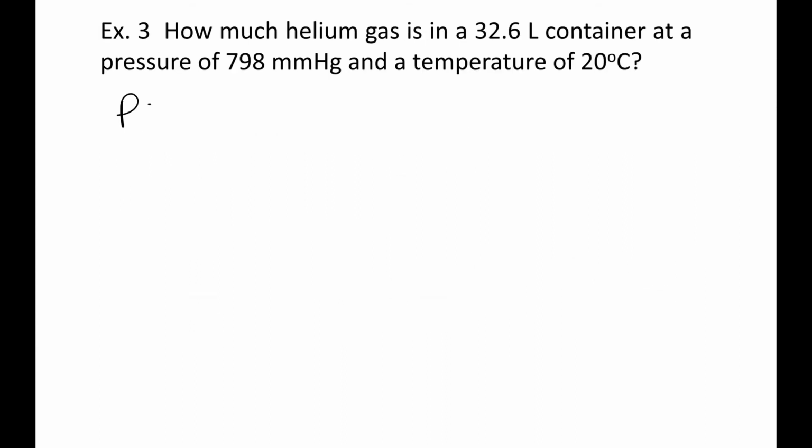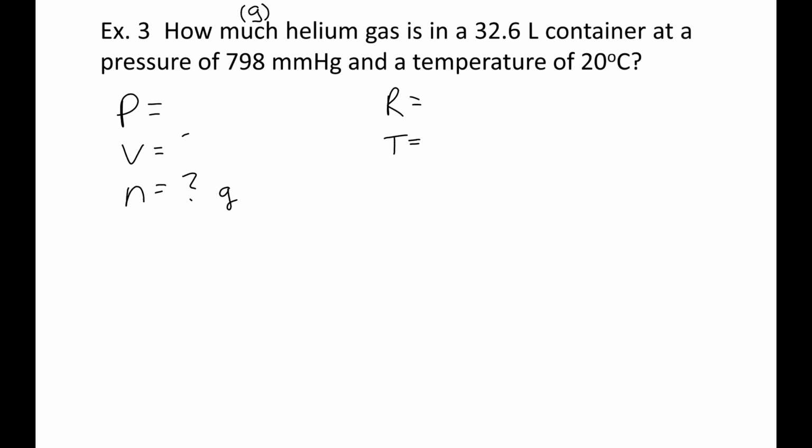It's P equals, V equals, n equals, R equals, T equals. Okay, how much helium gas? Now remember, every time I ask you how much, I'm looking for grams. So I'm going to put grams there. That way I know I'm going to calculate moles, and then in the end I'm going to need to multiply by molar mass.